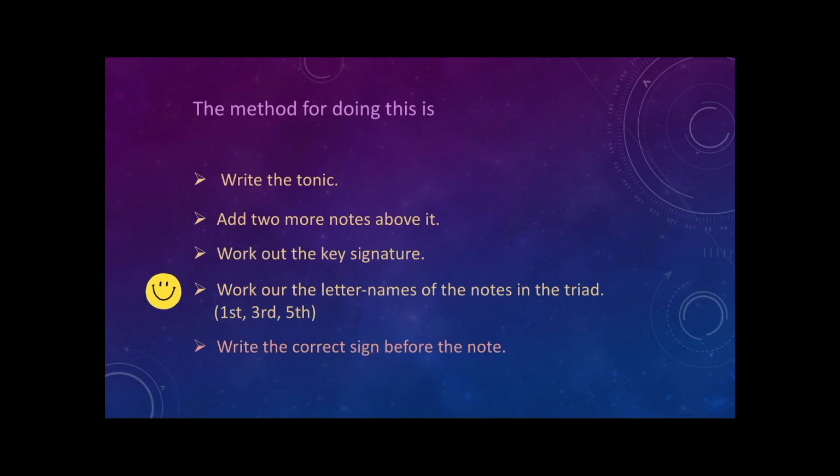Finally, if any of the notes in the triad have the same letter name as a sharp or flat in the key signature, write the correct sign before the note. Be careful to place the sign carefully on the correct line or space.